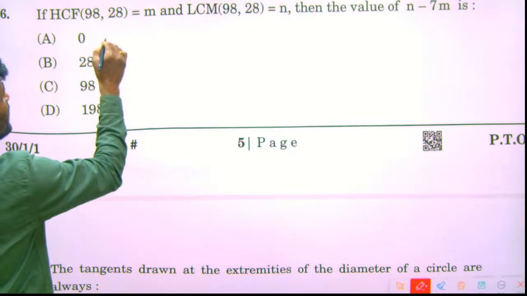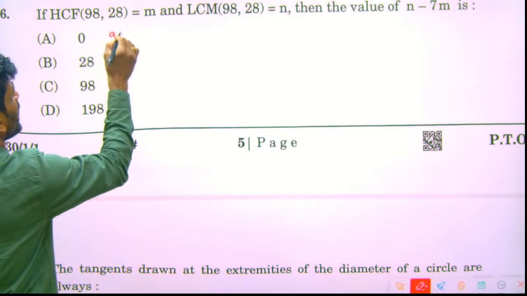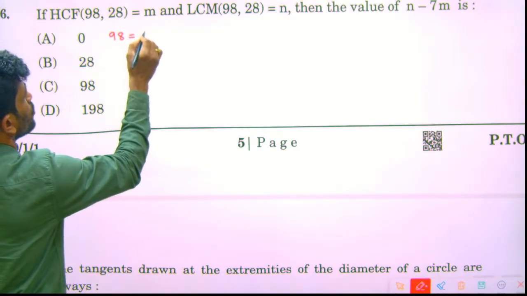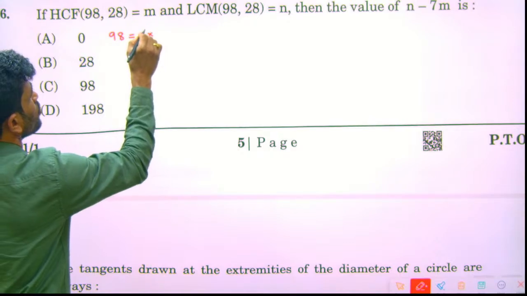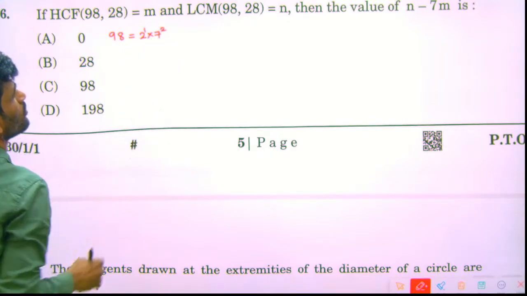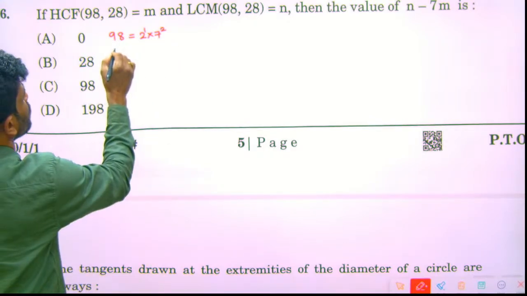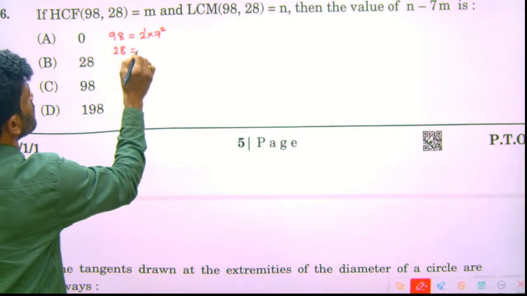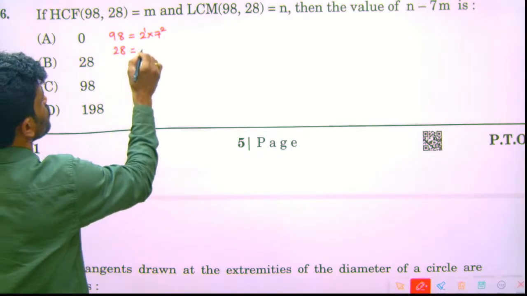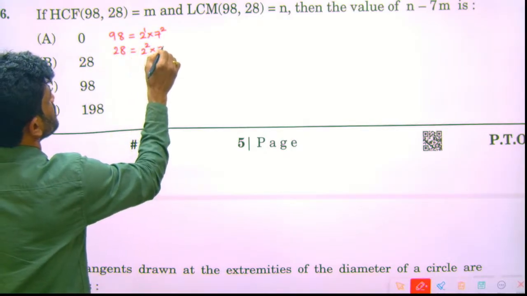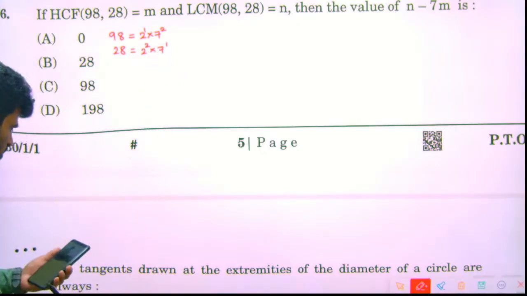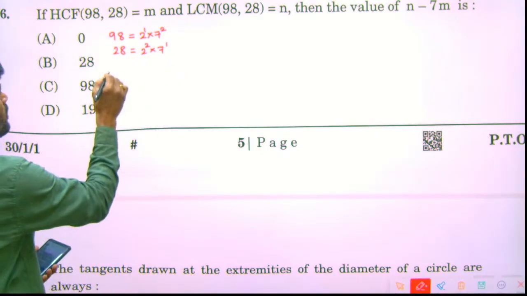So first we have to find HCF of these two. We know 98 can be written as 2 into 49, that is 2 power 1 into 7 power 2. And 28 can be written as 4 into 7, which is 2 power 2 into 7 power 1. Then to find out HCF, what we do?